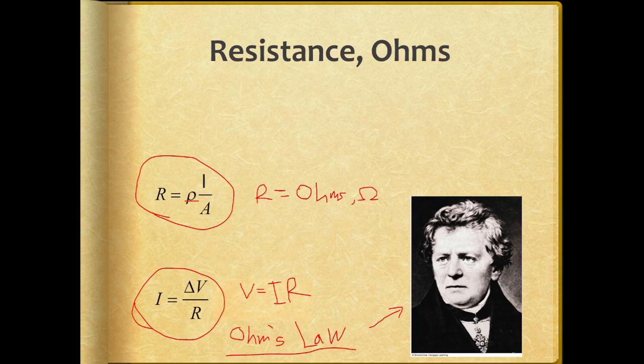So say you were building a cable out of copper, specifically a copper wire, and you wanted to know how much resistance it had. You'd go to the table and look up that constant for copper. So resistance equals resistivity constant times the length of the object divided by the cross-sectional surface area of the object.